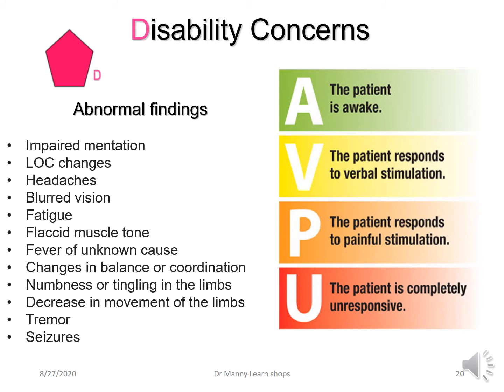Or U, is the patient completely unresponsive, unconscious? But there are lots of tools that can be used to assess their neurological state very, very quickly. Here's an example of a modified infant Glasgow Coma Scale, which assesses eye opening, motor response, and verbal responses.